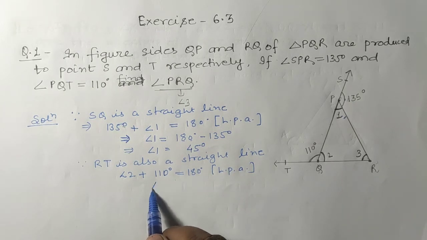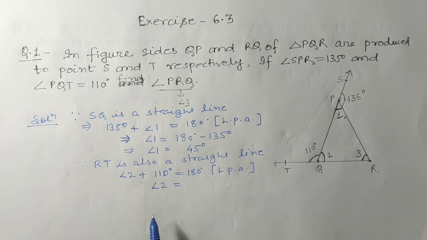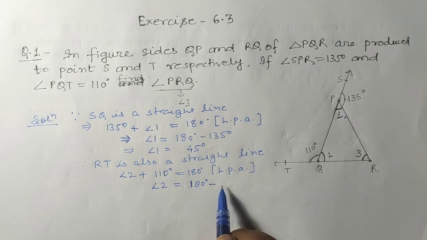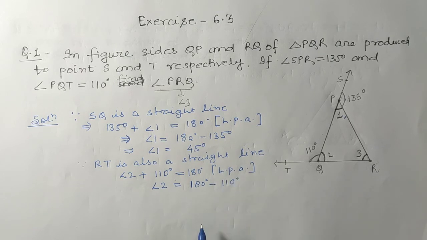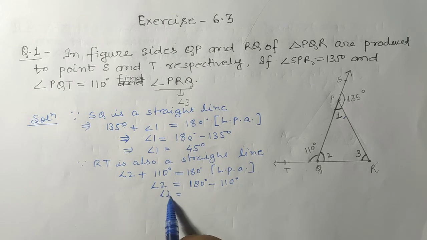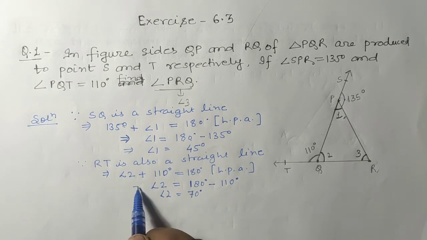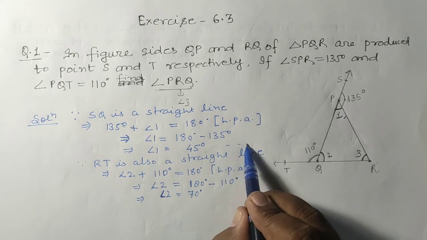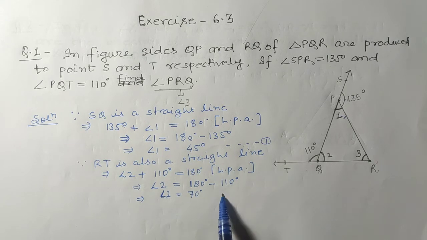Now from here we can find the value of angle 2. The value of angle 2 will be 180 degrees minus 110 degrees. So 180 minus 110 will be equal to 70 degrees. This sign implies that. So basically the value of angle 2 is 70 degrees, and this is angle 1, that is 45 degrees.